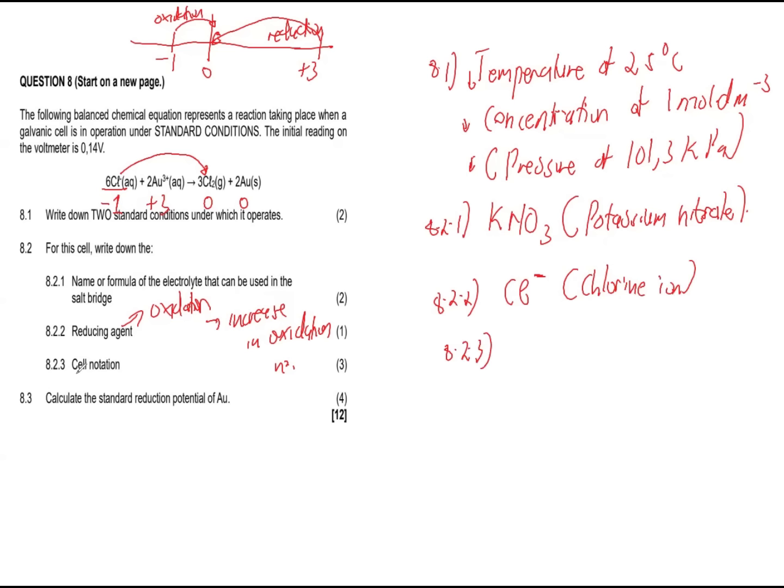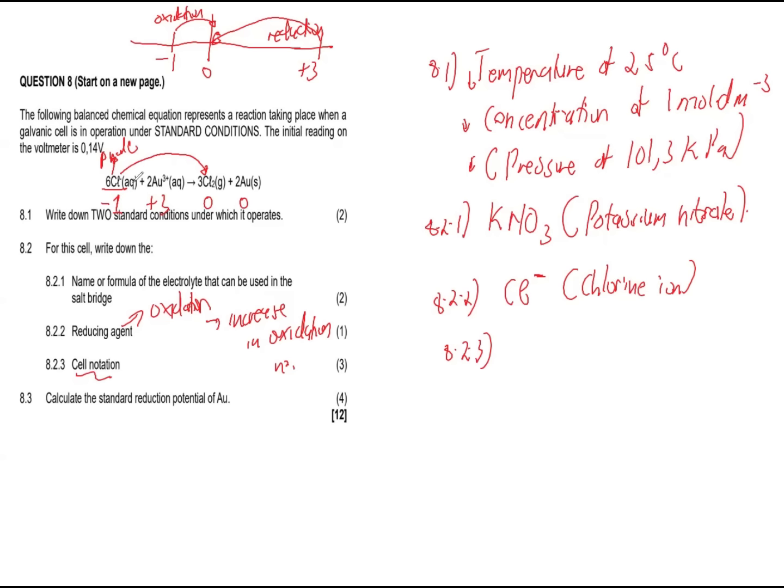Okay, then 8.2.3, the cell notation now. For cell notation, we can see that this represents the anode. But remember, the Cl minus or the Cl2 cannot be an electrode, because this is in aqueous state and this is in gaseous state. For the electrode, we need something that is a metal and in solid form.